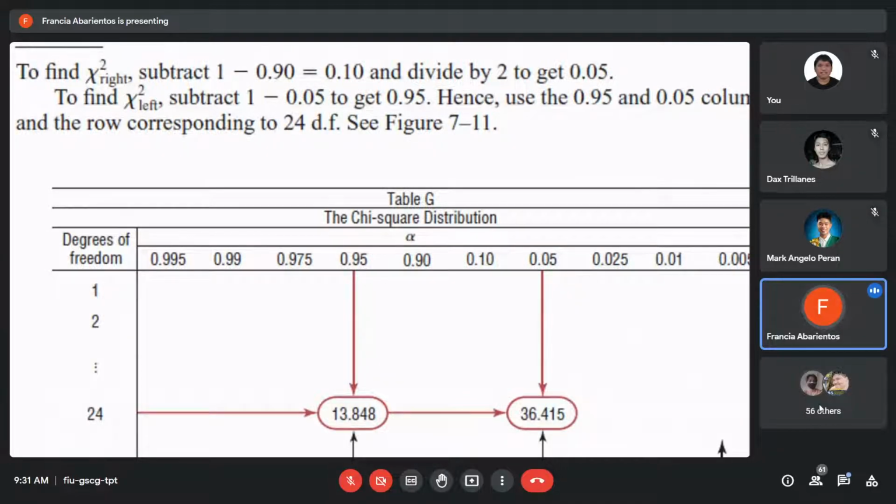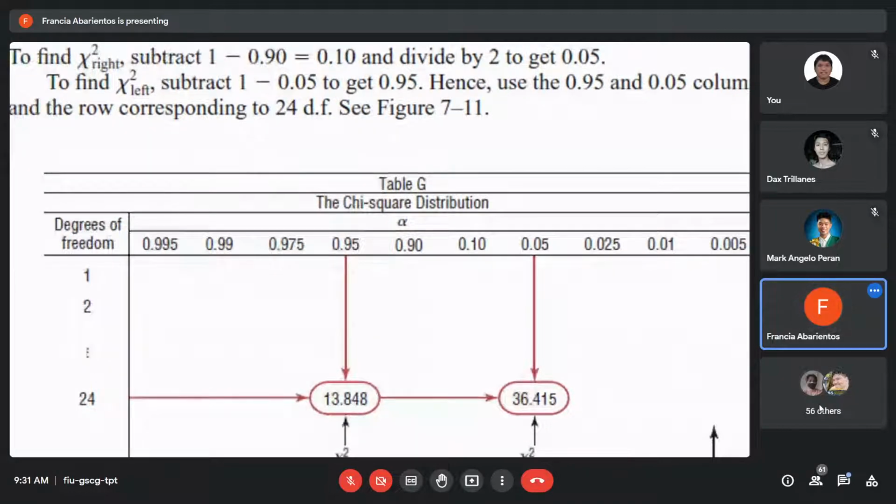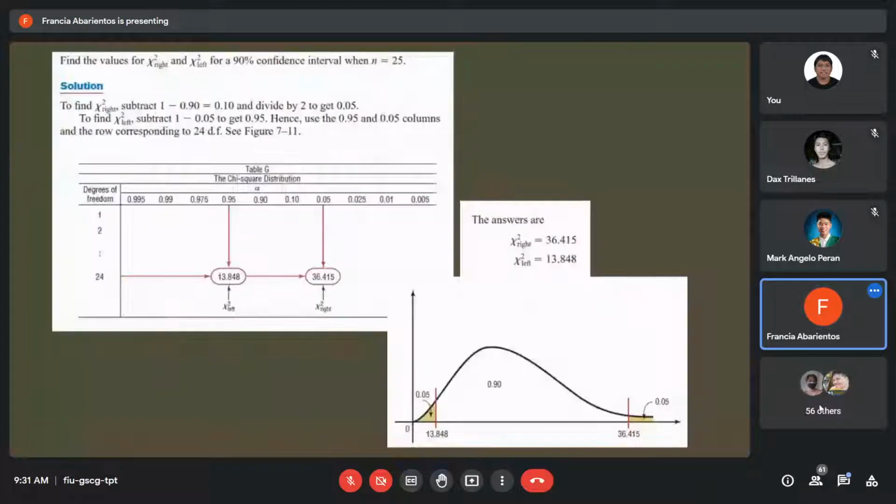We get now 0.95. So, hindi ka na class magdi-divide ng 2 kasi na-divide na siya sa unahan. Okay? So, this is now the chi-square distribution on that side. Ayan, ito na, 13.842 and 36.415.